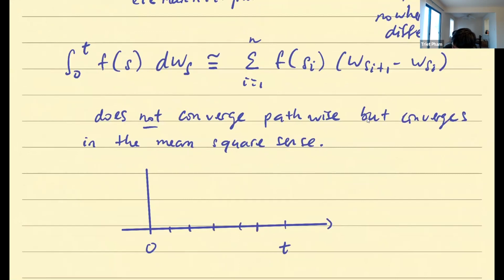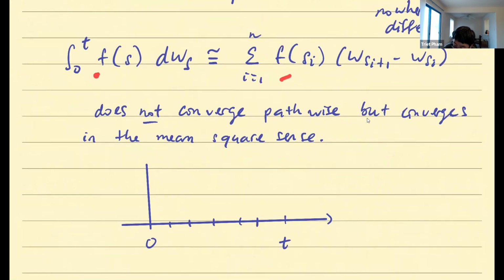And at each point, you take the value of whatever you want to integrate, you multiply with the Brownian differentials, and you keep dividing that into smaller and smaller pieces. Each time you do it, you get a number. But the sequence of numbers will be very ill-behaved. It will not converge to any value at all. And that's what we mean by does not converge pathwise. So for any path of the Brownian motion you can draw, you pursue this object as n goes to infinity, you will not get any convergence in terms of a mathematical sequence.